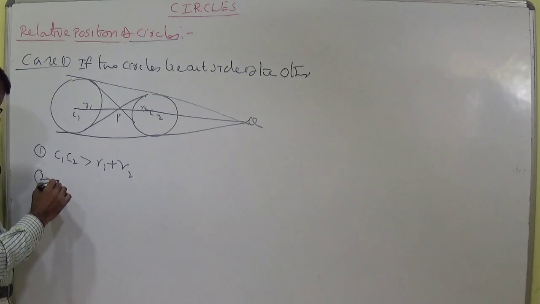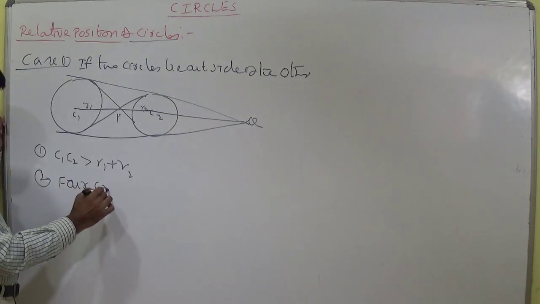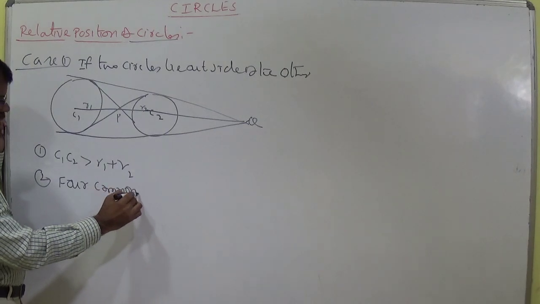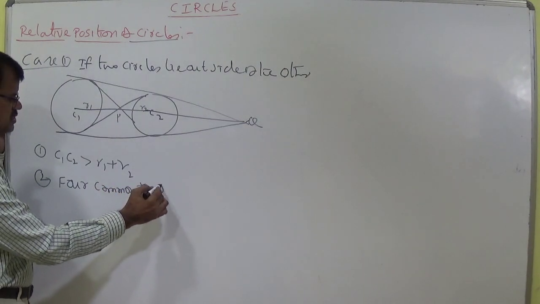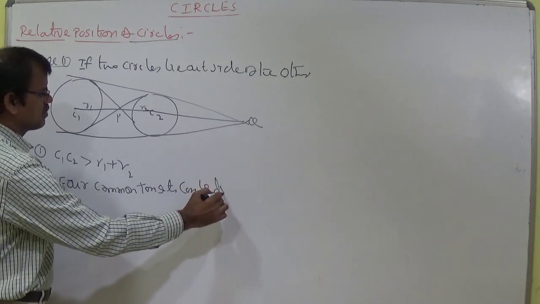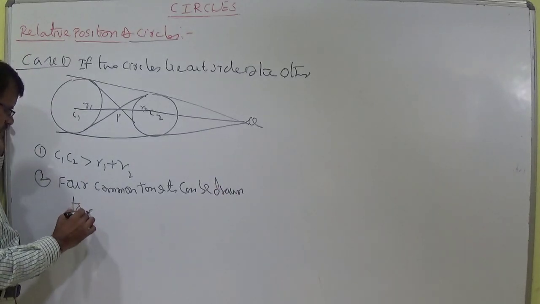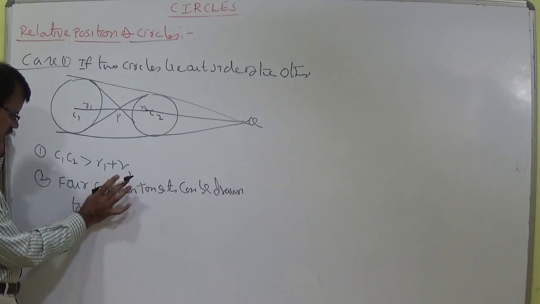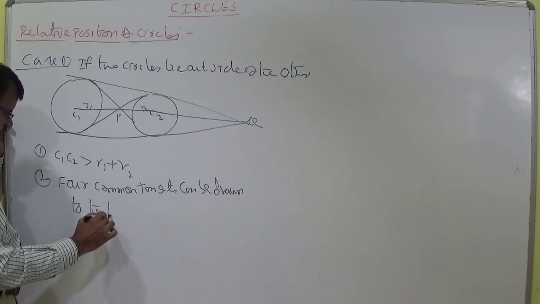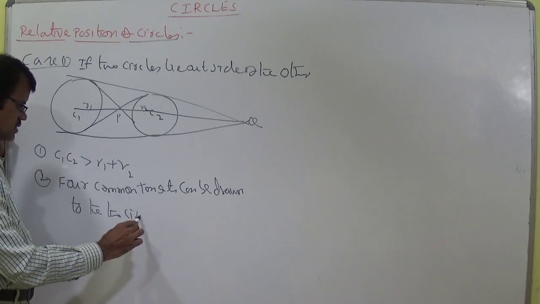Next one, 4 common tangents. The concept is 4 common tangents can be drawn to the two circles.